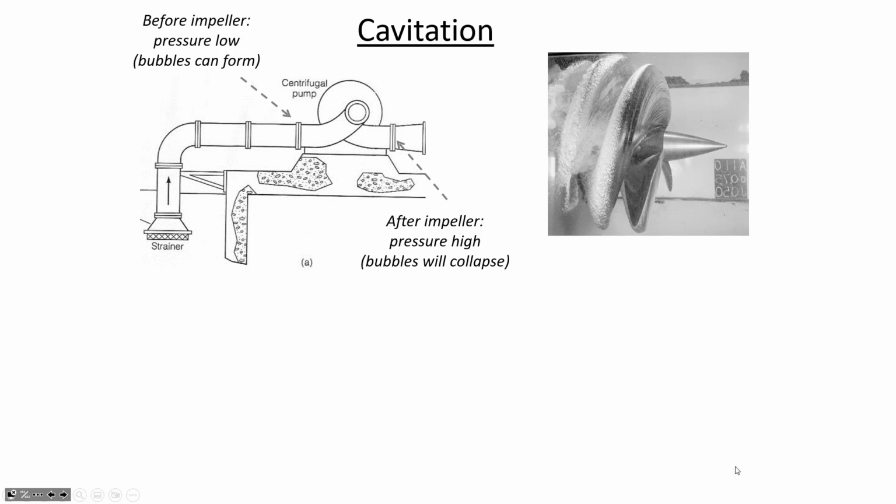Another place that you can have low pressure is in the suction side of a pump because the water has a pressure of 0 at the interface of the atmosphere and the water. So at this location right here, it's just 0 gauge.